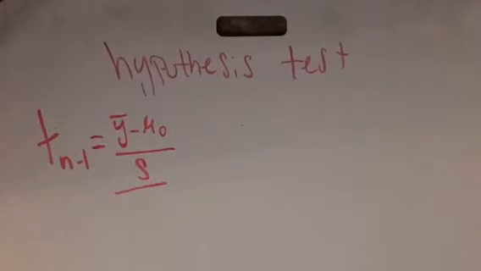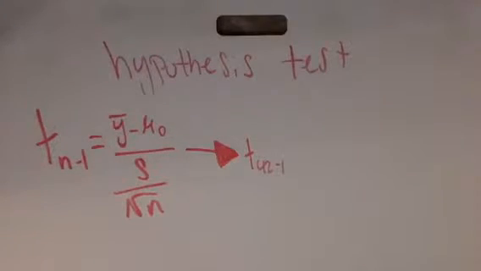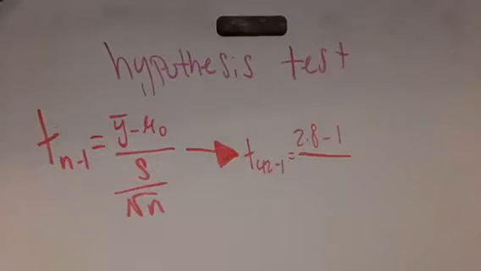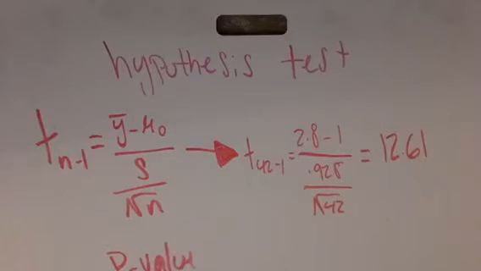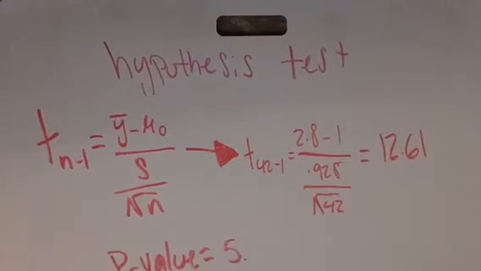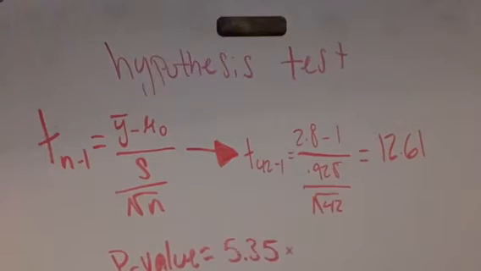When we plug in our numbers, we have t of 42 minus 1 equals 2.8 minus 1 over 0.925 over the square root of 42, which equals 12.61. Our p-value then turns out to be 5.32 times 10 to the negative 16th power.